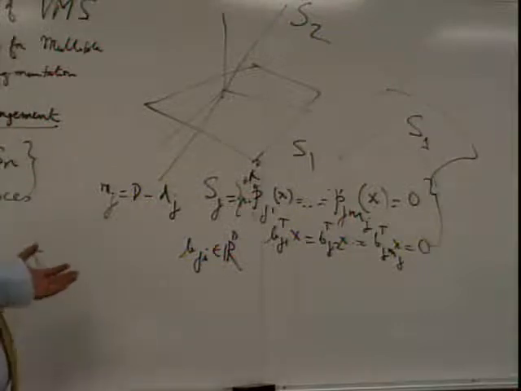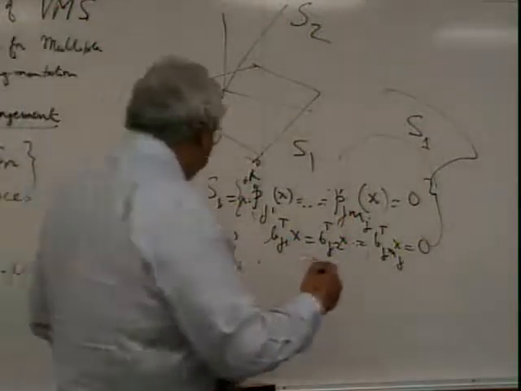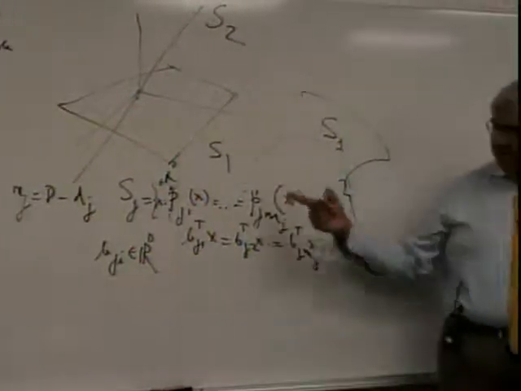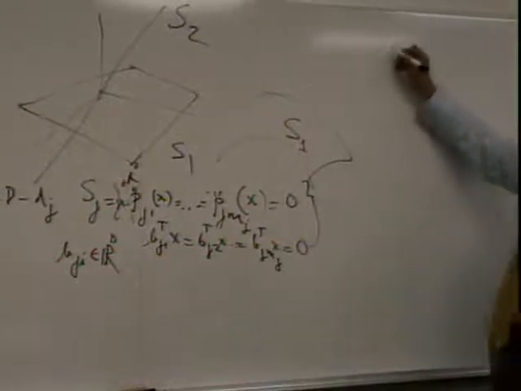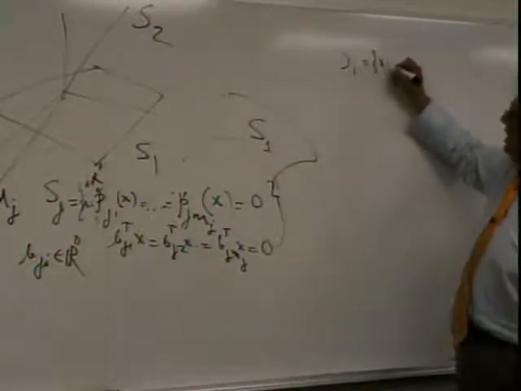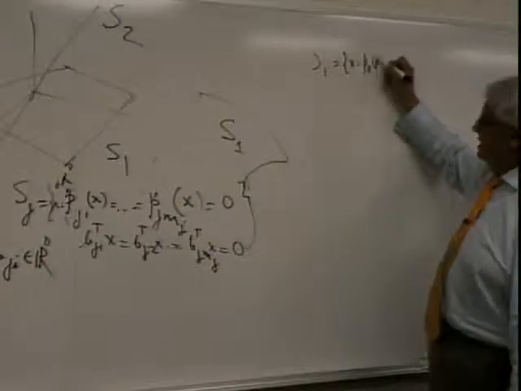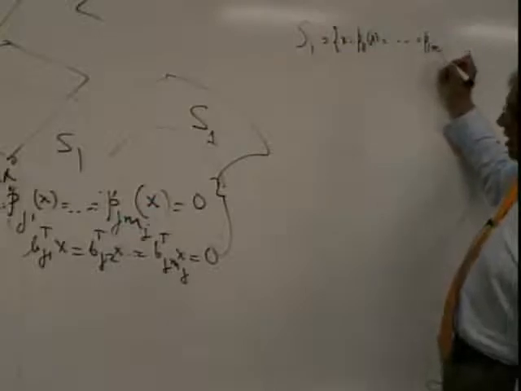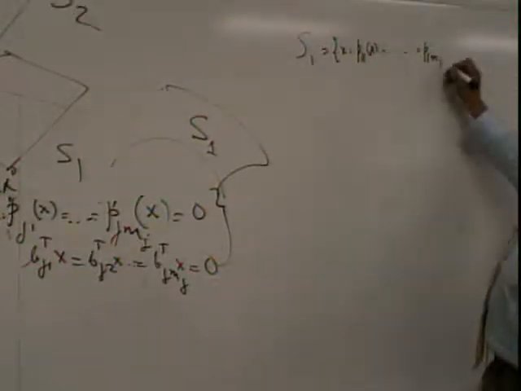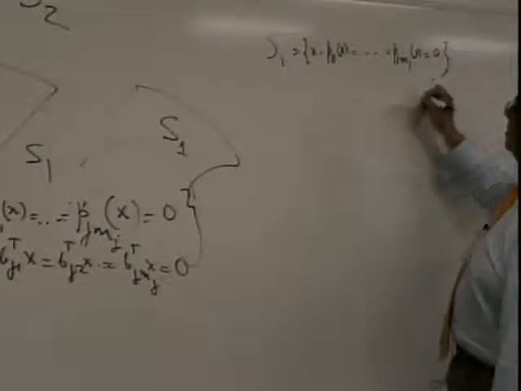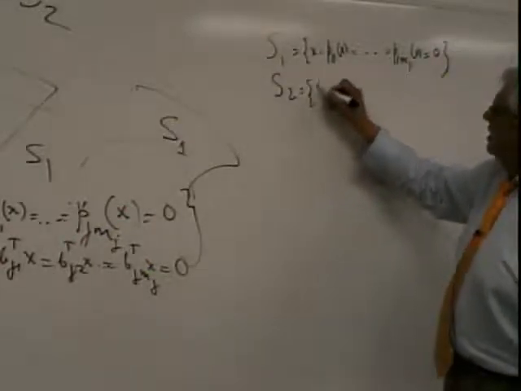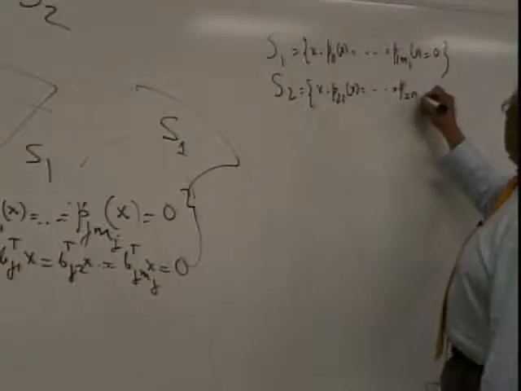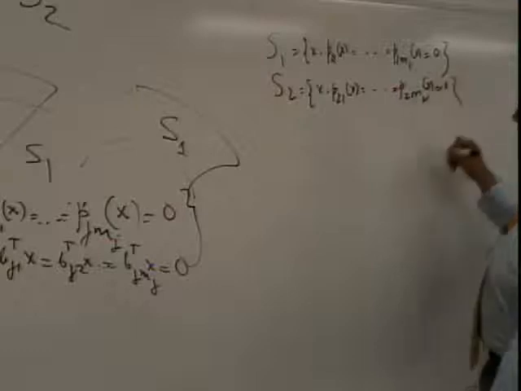Then how do you describe a union? You have one of these sets of polynomials for each one of the S_i's, and the union means that you take all the products. For instance, S1 is the set of x where P11(x) = ... = P1m1(x) = 0, and S2 is the set of x where P21(x) = ... = P2m2(x) = 0, where all of these are linear polynomials.